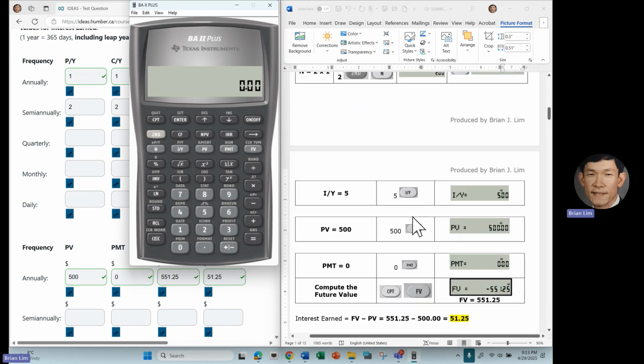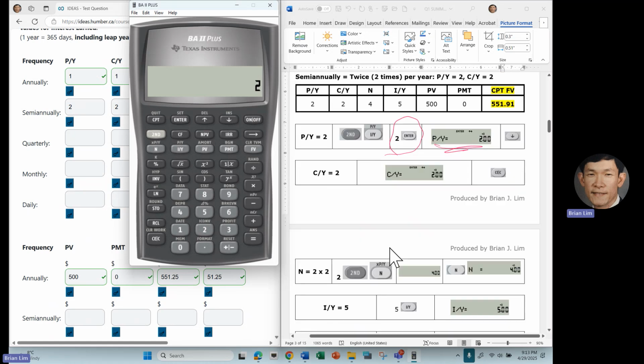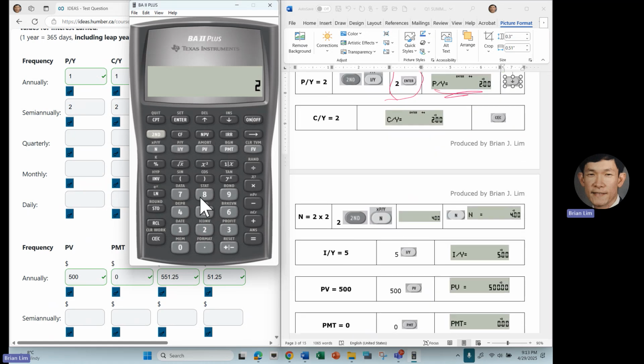So we have to enter the number of years, which in this case is 2. And if we click on second, you see I entered the 2, and I click on second N. So it multiplied 2 times 2, I got 4, but then I must click on N again to get N equal to 4. So now that number has been entered into the calculator.